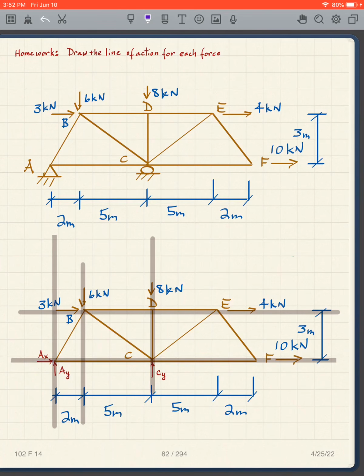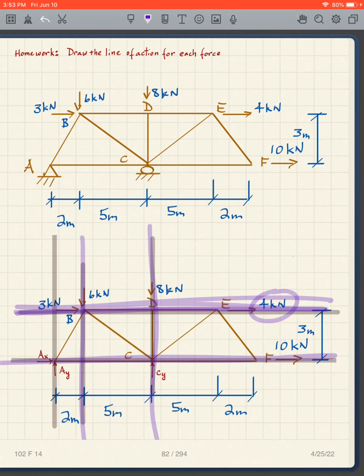For the 3 kilonewton load, it's that. For the 6 kilonewton load, it's that. For the 8 kilonewton load, it's that. Now for the 4 kilonewton load, oh look, it's the same as the 3. Okay, that's all right. For the 10 kilonewton load, it's here.